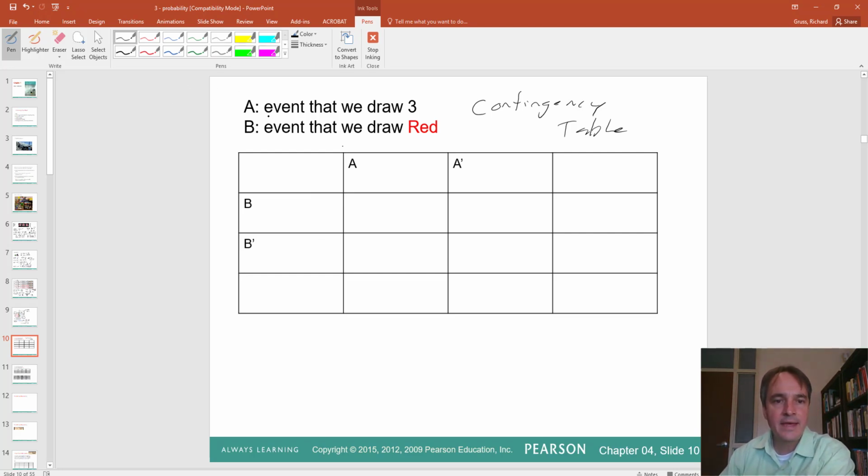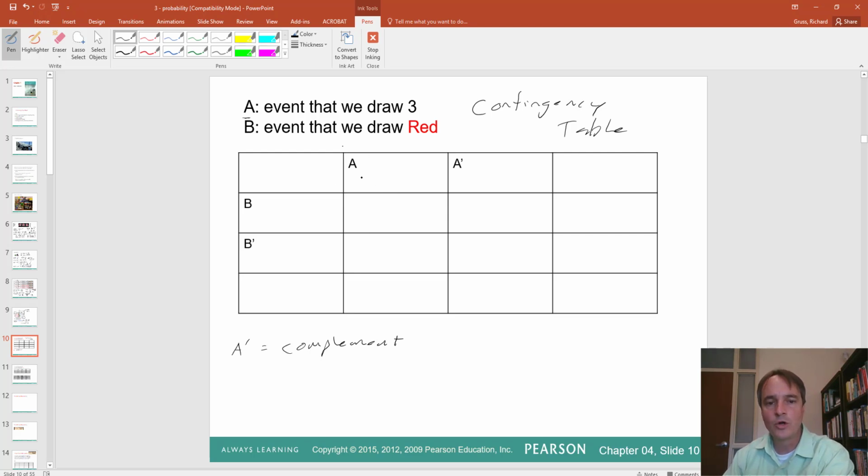So we've got event A, again, this is the event that we draw a 3, and event B, the event that we draw a red. Now, the event not A, which is denoted A prime, is called its complement. So the complement of A is that we draw something that is not a 3.